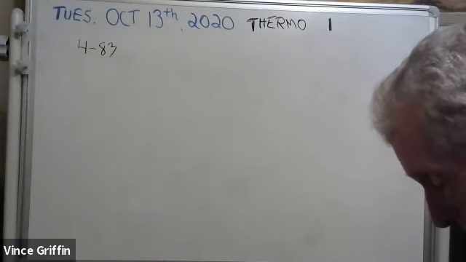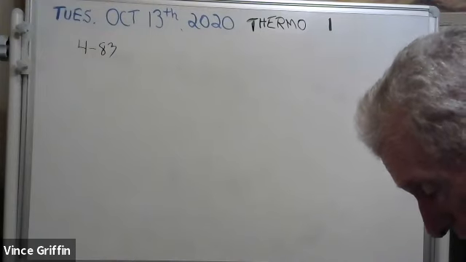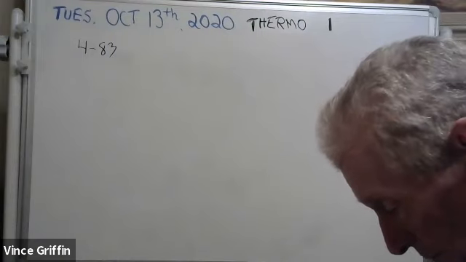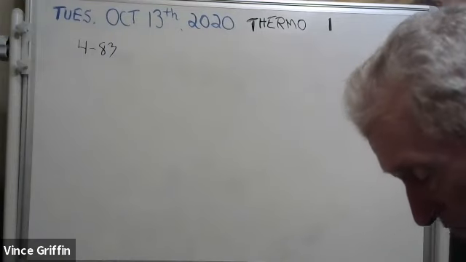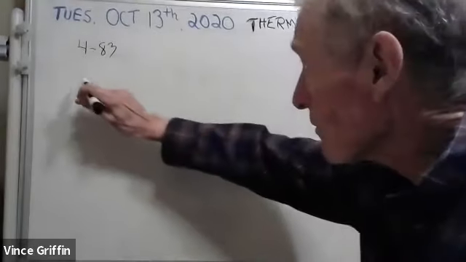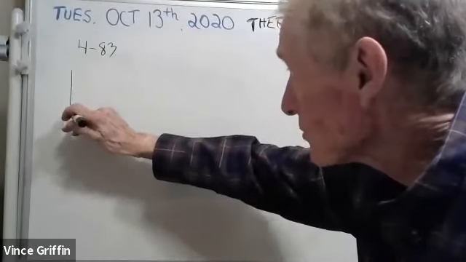Okay, 483. This is a transient process. It's a 2.5 liter tank. Okay, well, here's your device sketch.